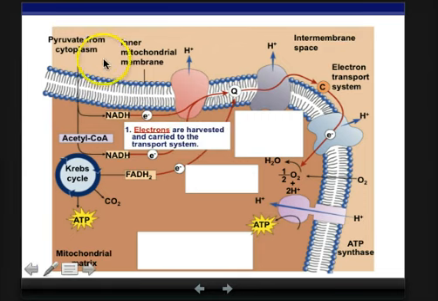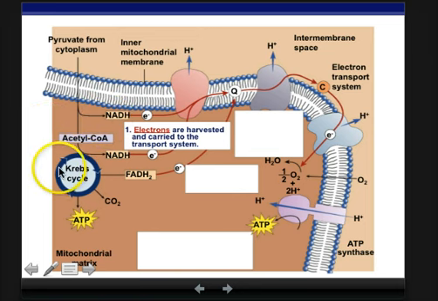All right, so here's the pyruvate that we got from glycolysis. Goes across, remember there's that intermediary step where we form acetyl-CoA. We give off a little carbon dioxide and an NADH.